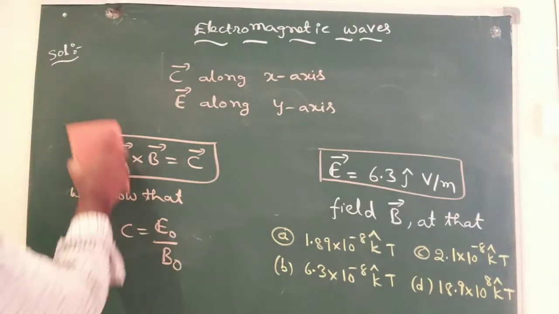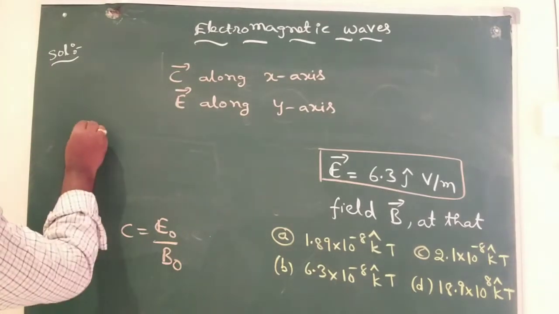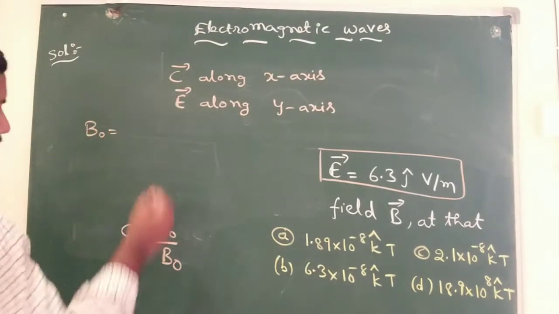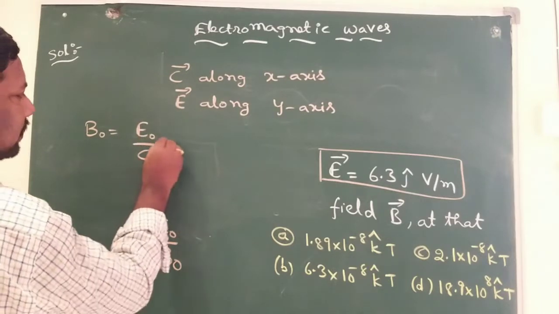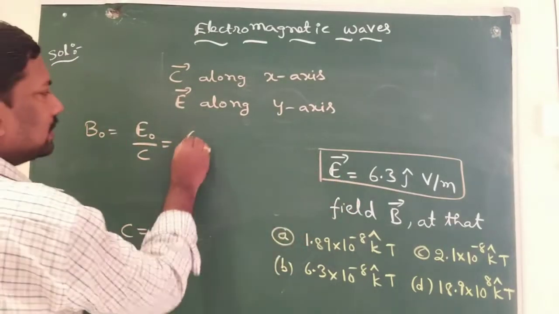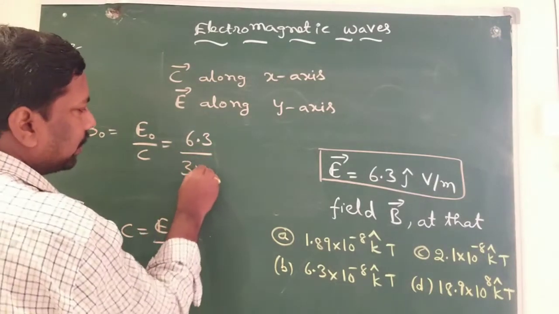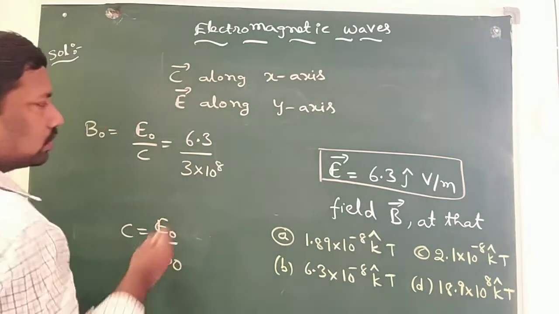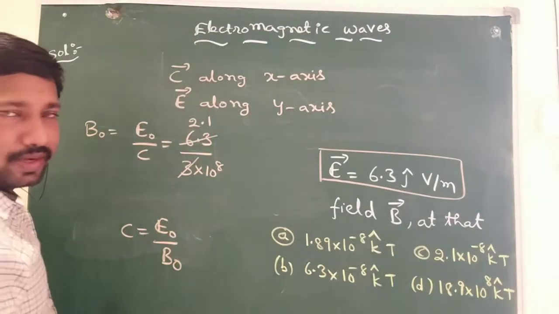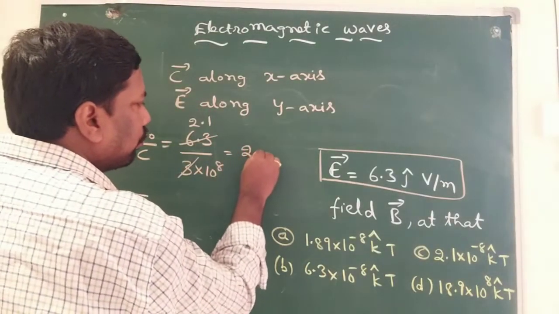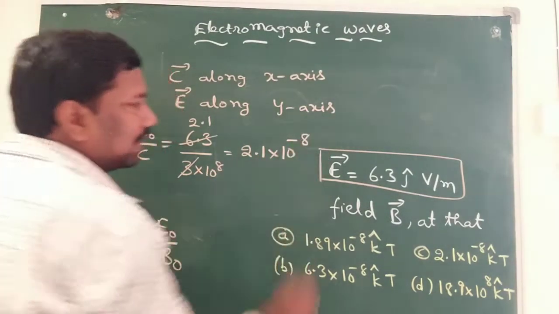Therefore you can find B naught is equal to E naught by C. Here E naught is 6.3 and C is 3 into 10 power 8. Here 3 cancels 2.1 times, so we get 2.1 into 10 power minus 8.